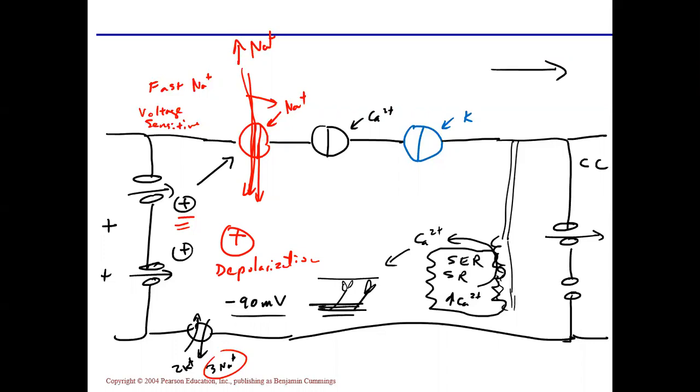It's really, really fast because of the fast sodium channels that are voltage gated, all right? So this is going to rapidly open up many sodium channels. So it's going to cause the membrane potential to become very positive. Now it's maybe about positive, let's say, 30 millivolts. That's a lot. We went from negative 90 to positive 30. That's depolarization right there. So that's the first thing that is happening, depolarization.